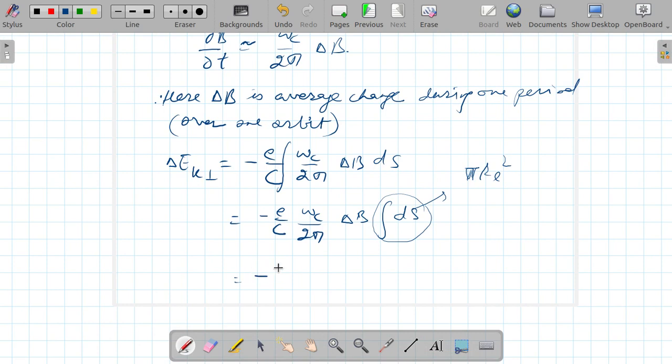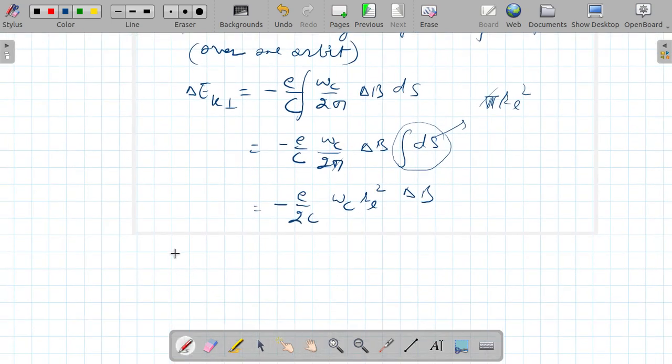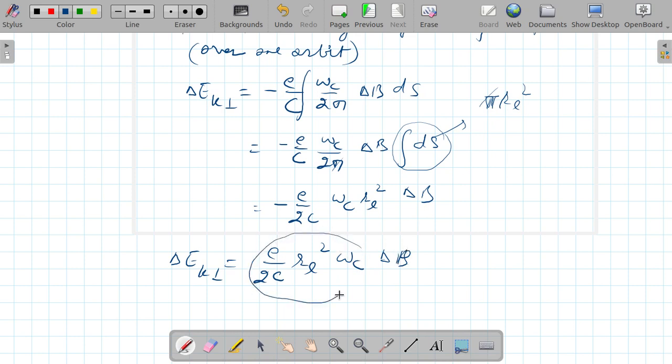So it is minus q by 2c, omega c RL square delta B, because now this pi will cancel out with this pi. And in magnitude form, this can be written as delta E equal to q over 2c RL square omega c delta B. Now this quantity is nothing but the magnetic moment.